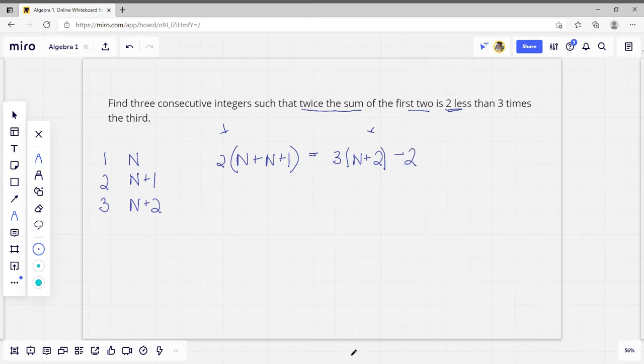First step over here is to rainbow this. So we're going to get 2n plus another 2n plus 2, because 2 times 1 is 2.